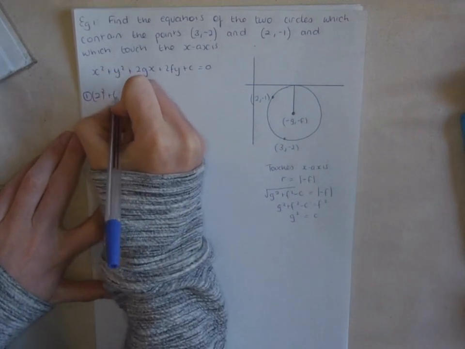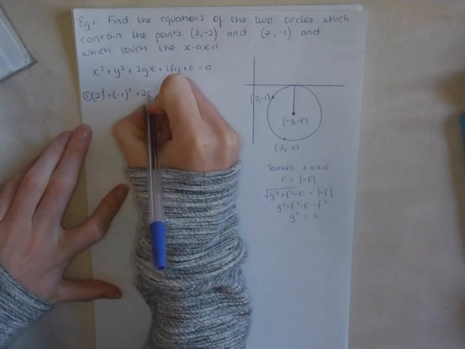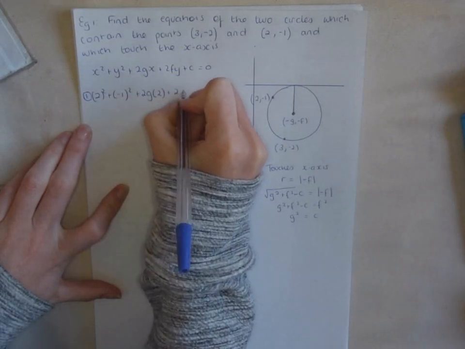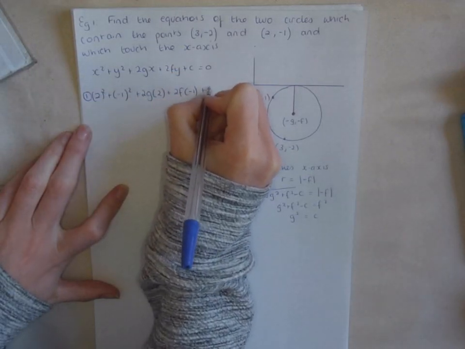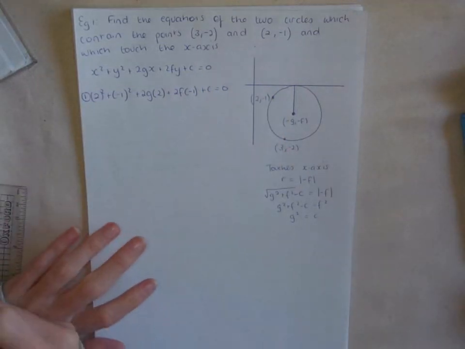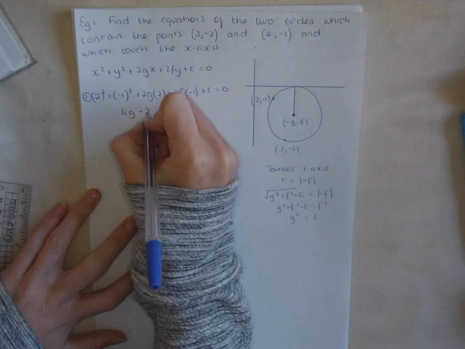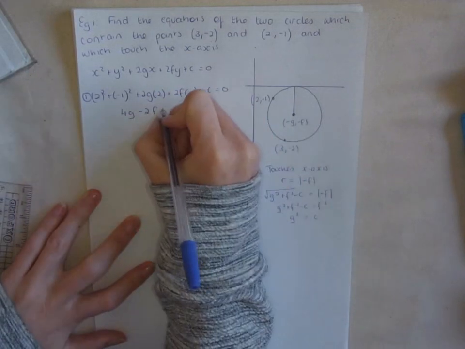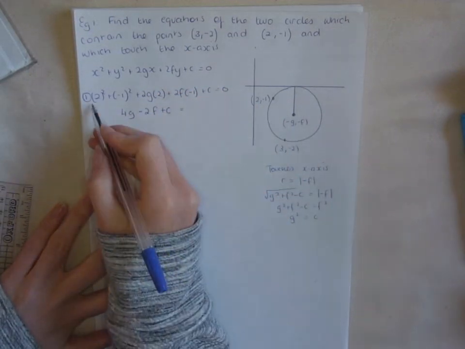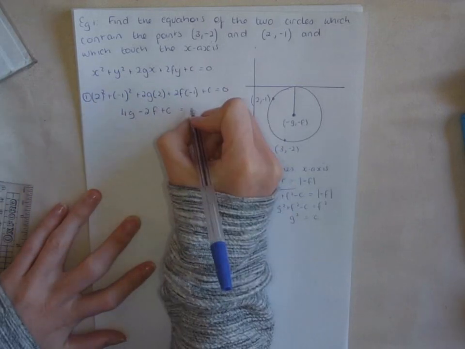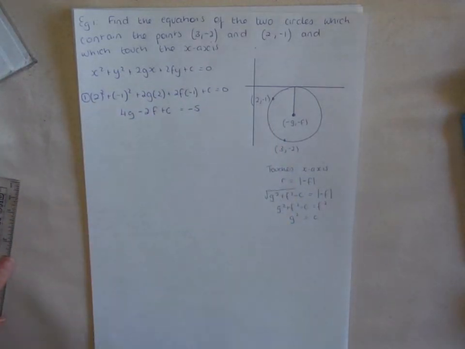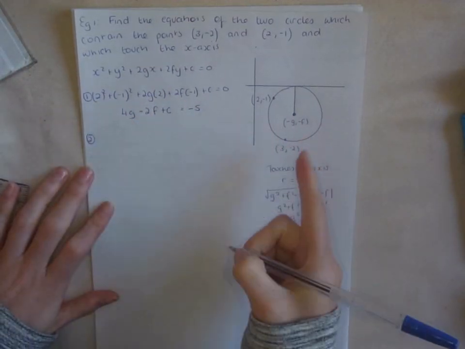So (-1) squared plus 2 squared, plus 2 times g times 2, plus 2 times f times minus 1, plus c equals 0. You're just going to tidy all that up, and you're going to get 4g minus 2f plus c equals, and 4 and 1 is 5, so minus 5. Then I'm going to do the same thing for the other point.